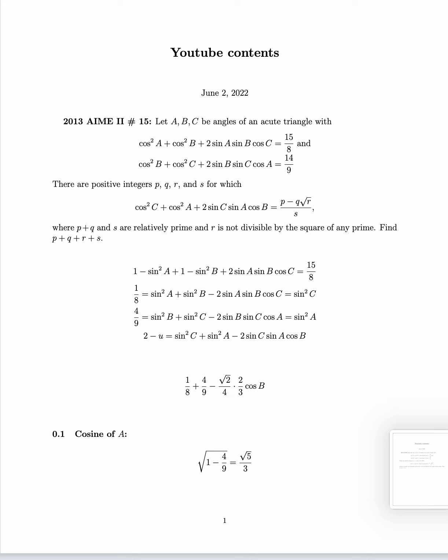Then we have square root of 2, so we have 1 over 8 plus x squared, and then minus square root of 2 over 4 x times square root of 5 over 3. And that is equal to 4 over 9.